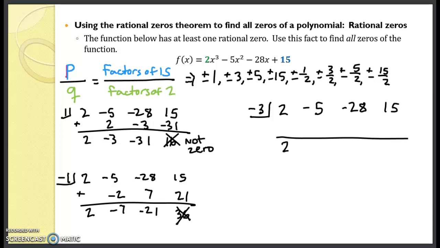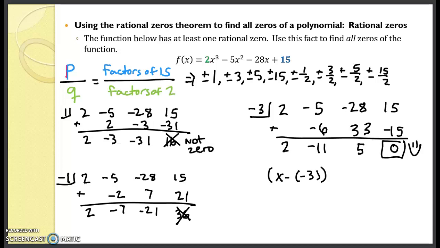Okay? So let's try -3. Bring down the 2 here. 2 times -3 is -6. -5 plus -6 is -11. We'll get 33 here. -28 plus 33 is 5. We get -15. Oh yes, finally, we get a 0. And what does that tell me? That tells me that x minus -3 is a factor of this function, right?